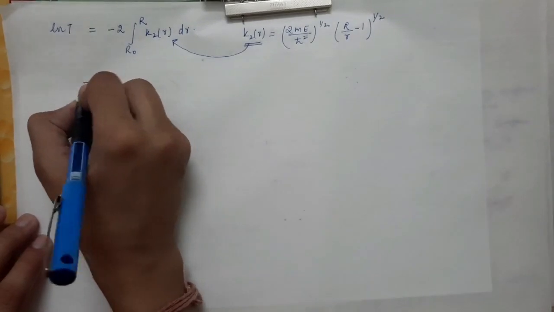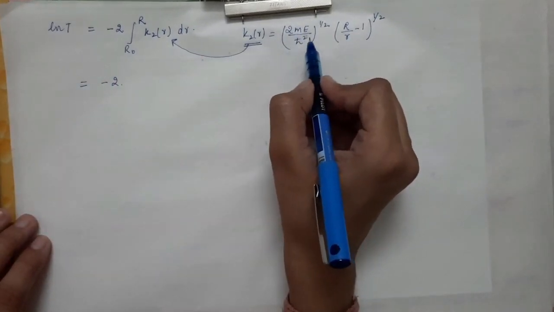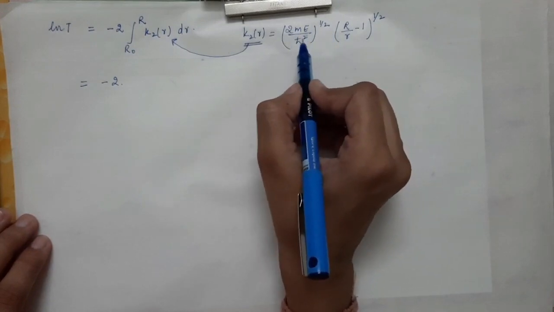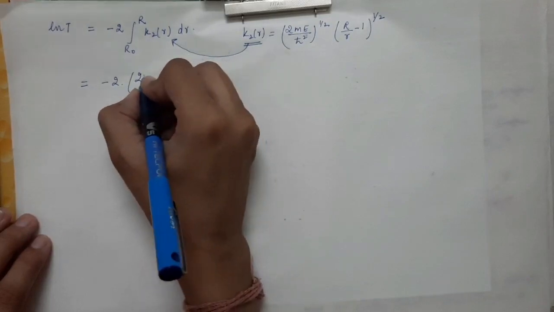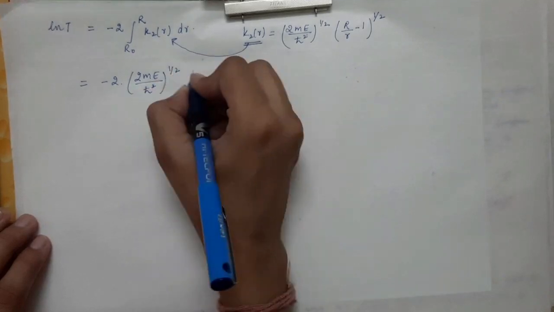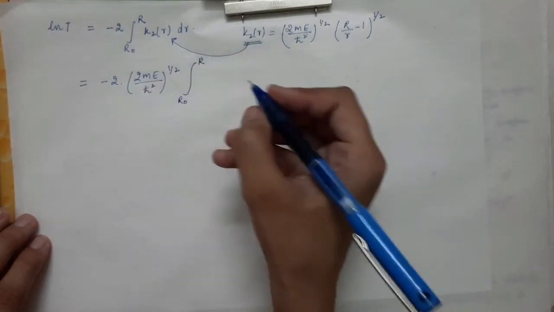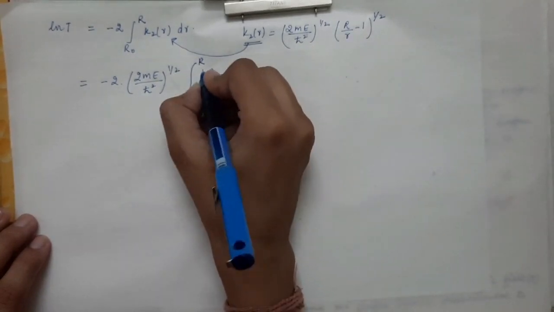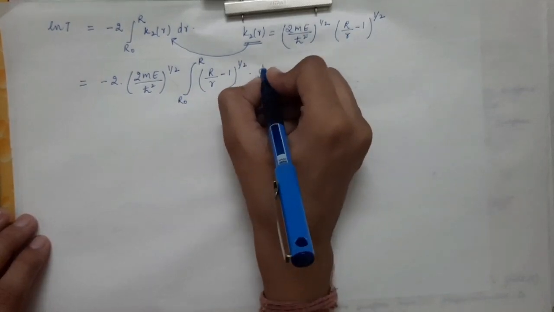So natural log of T will be equal to minus 2. Now this (2mE by ħ²) power 1/2 term is a constant term, so it can be taken outside the integral. So this will be minus 2 into (2mE divided by ħ²) power 1/2 into the integral from r₀ to R of (R by r minus 1) power 1/2, which will remain inside the integral, into dr.